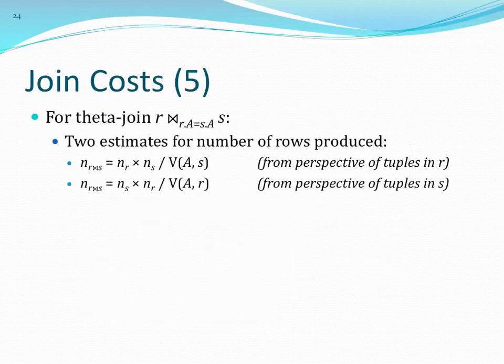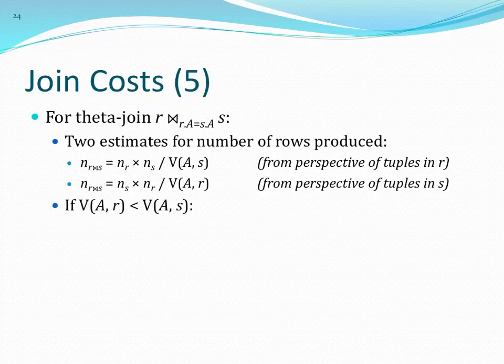Okay, we have these two estimates that we computed. NR times NS over the number of distinct values of A in S, and NS times NR over the number of distinct values of A in R. What we can do is look at the number of distinct values there are of this join attribute.